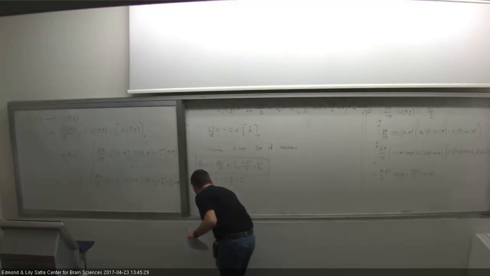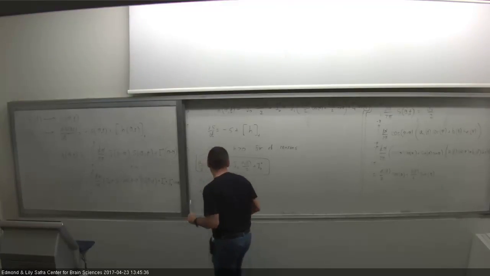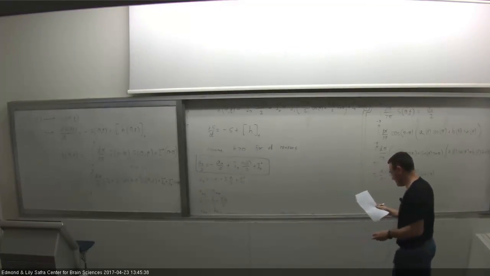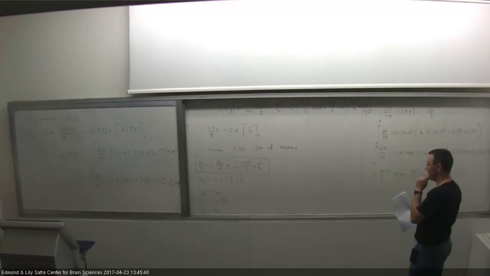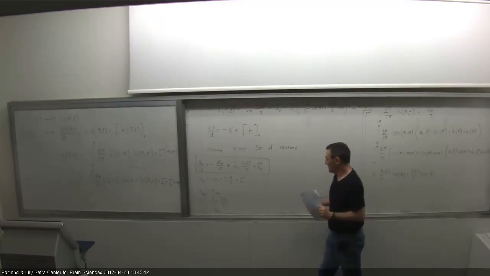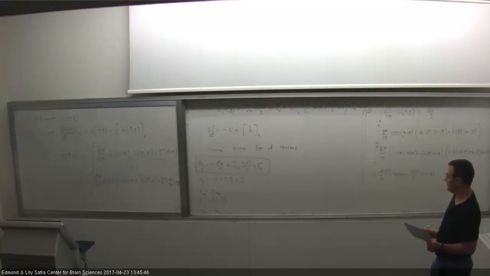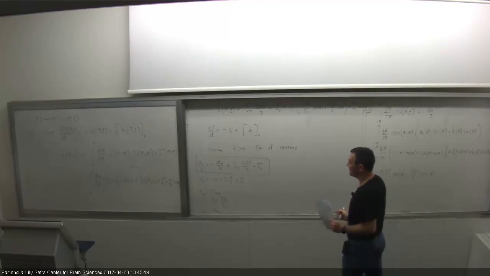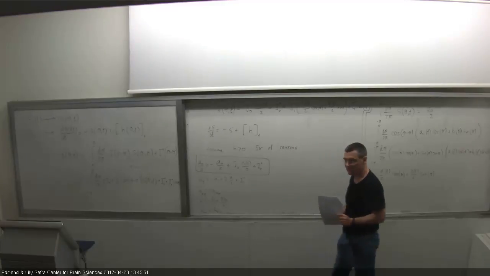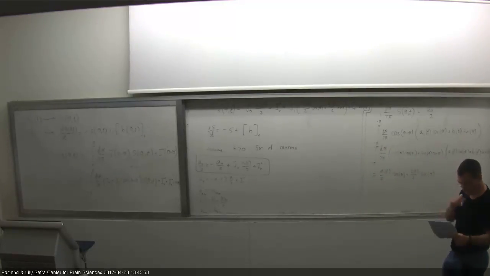Okay, what about B n larger than 1 dot? Well, this will be equal to minus B n larger than 1. So we have now a set of differential equations for all the Fourier coefficients.